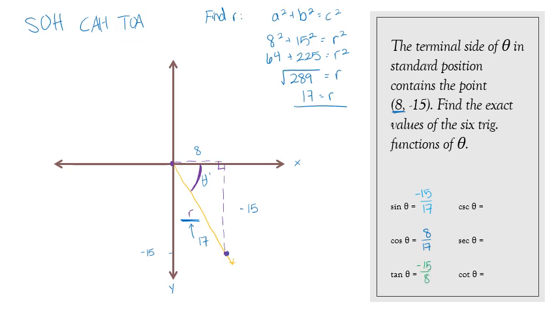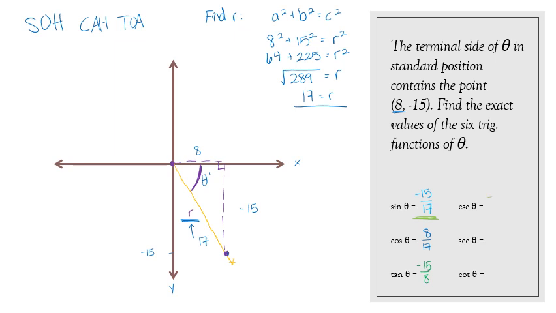Now when it comes to these reciprocal functions, like we've talked about before, we could go through the thought process of, okay, cosecant is the reciprocal of sine, so it's hypotenuse over opposite, or really we could just take whatever we had for sine of theta and flip it over. Take the reciprocal of that value.